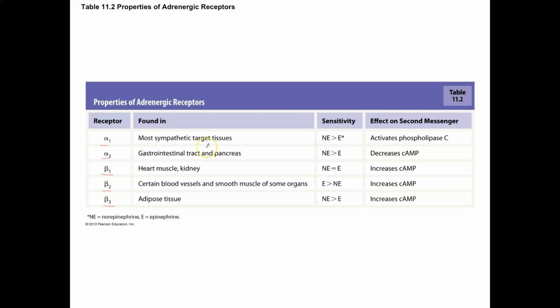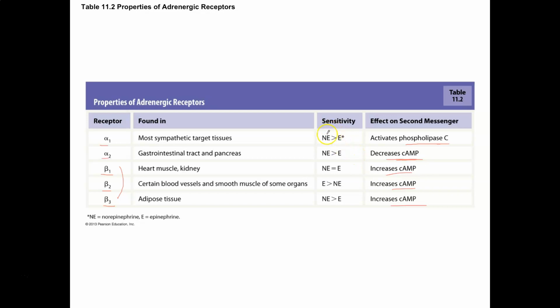They are all G protein coupled receptors, but you'll see that the alpha 1 works through a phospholipase C pathway, which I'll explain in a little bit. You'll notice that the alpha 2 actually decreases cyclic AMP levels, which is different from what all of the beta receptors do. All of the beta receptors work to increase cyclic AMP. And so we will look at the differences between them.